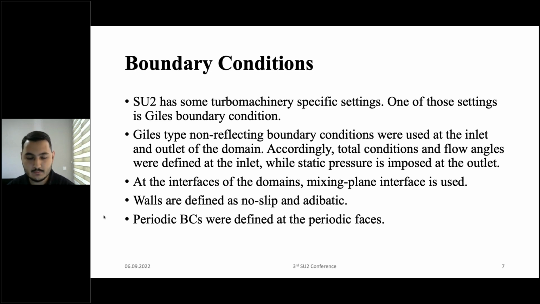At the interfaces of the domains, a mixing plane interface is used, and the walls are defined as no-slip adiabatic, and periodic boundary conditions were defined at the periodic faces, since these geometries were simulated as single passages.